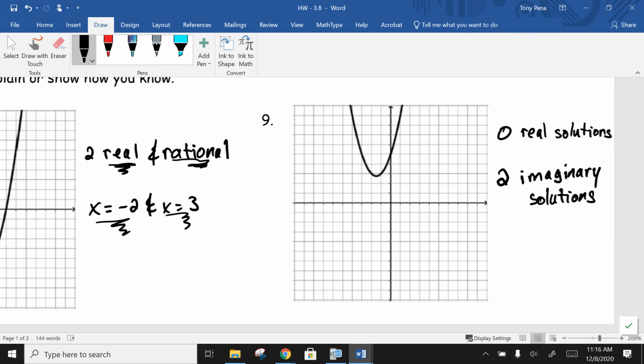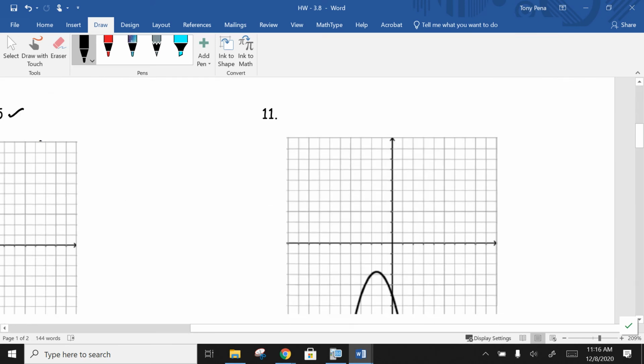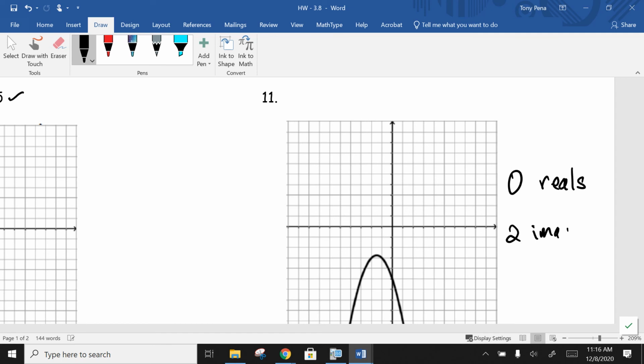All right. So real quick, if you go down to number 11, same thing, right? Does number 11 hit the x-axis at all? No. So there are 0 real solutions, but we would say that we have a couple of imaginary. If we knew what that function was and we could set it up, we would get 2 imaginary solutions.